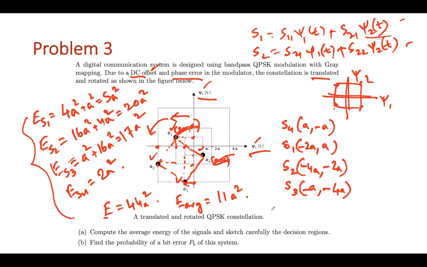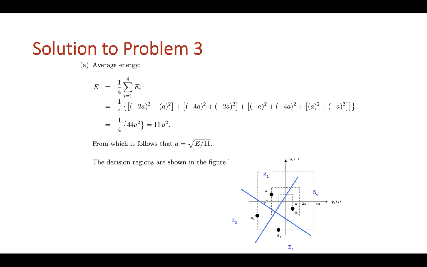Now find the probability of a bit error PB in terms of PB of this system. So you have the average energy 11A square, and these are your decision regions, basically the perpendicular bisectors of the line joining any two signals.